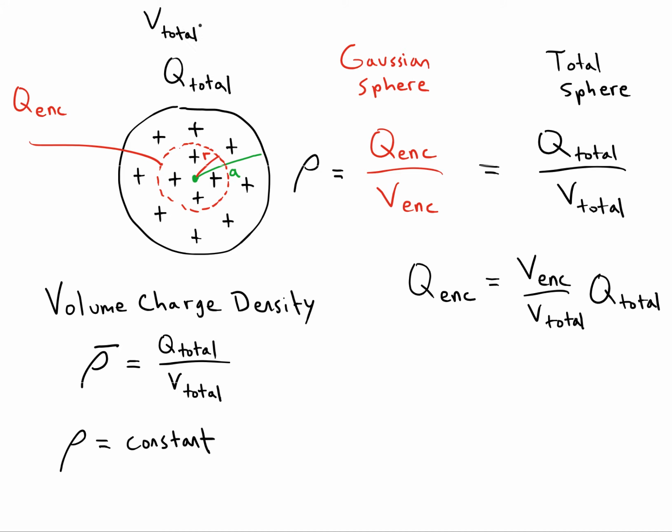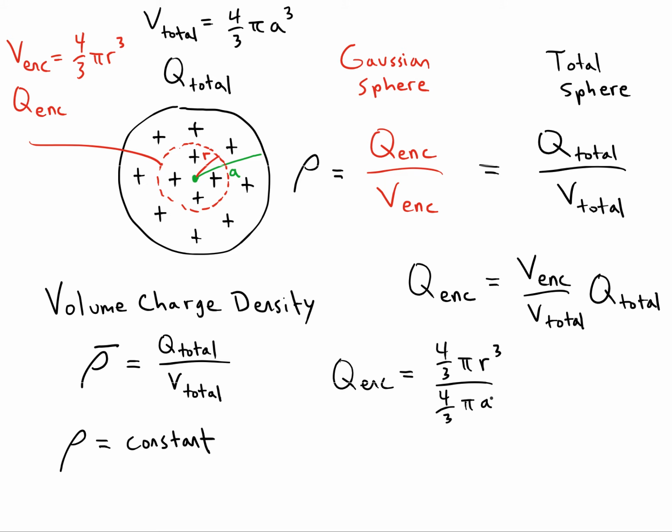The total volume will be given by 4/3 pi times a cubed. And the volume of my Gaussian sphere will be 4/3 times pi r cubed. If I just substitute those expressions in here, we'll get this.